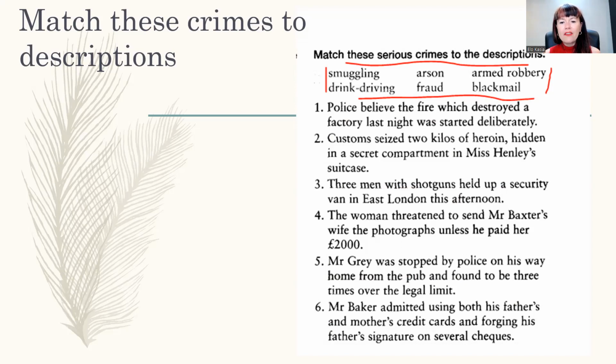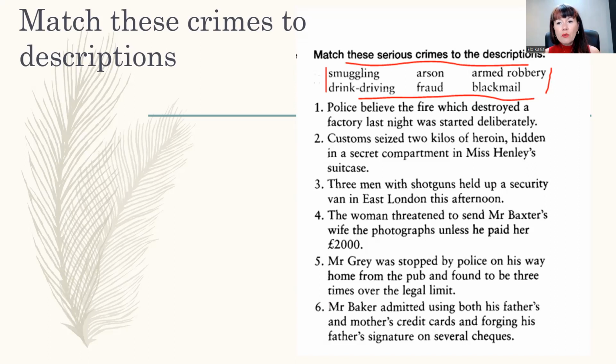Number four, the woman threatened to send Mr. Baxter's wife the photographs unless he paid £2,000. Number five, Mr. Gray was stopped by police on his way home from the pub and found to be 3 times over the legal limit. What do we call this? And finally, Mr. Baker admitted using both his father's and mother's credit cards and forging his father's signature on several checks. So what do we call this type of crime?